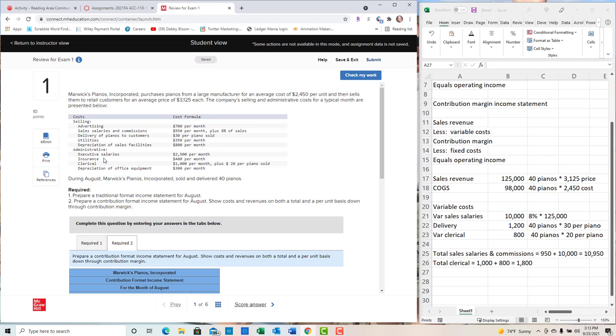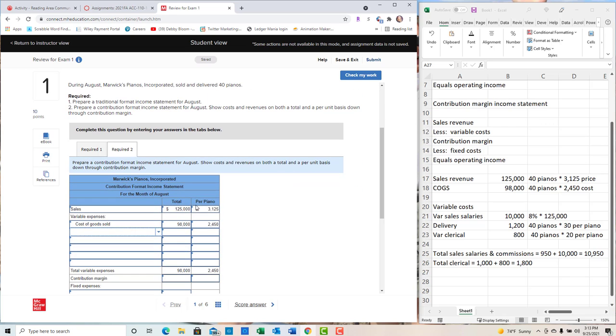And we only have 1 variable administrative expense, which is going to be, once again, only the variable piece of the clerical of $20 per piano sold. We're not going to include the $1,000 per month in our variable costs.